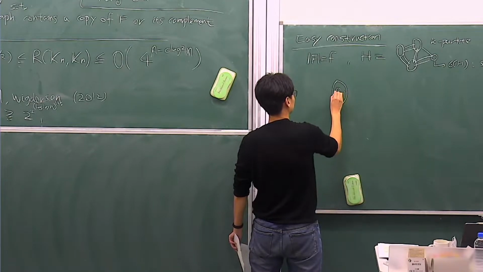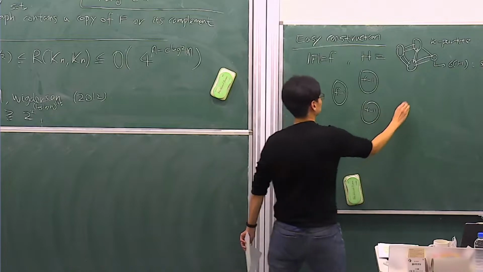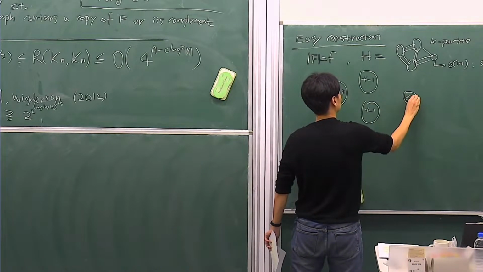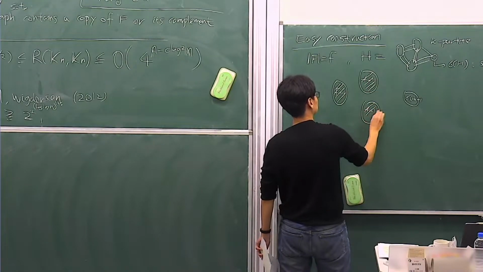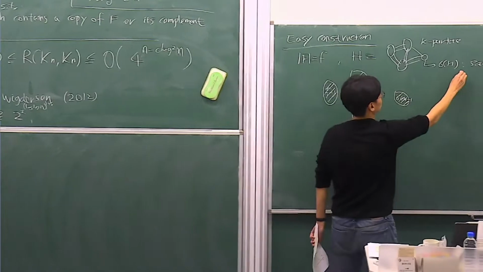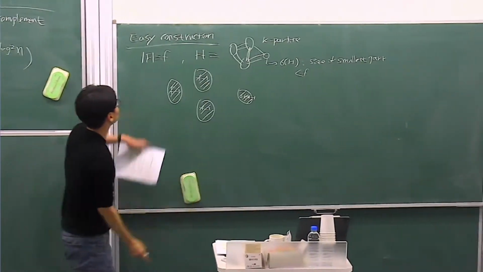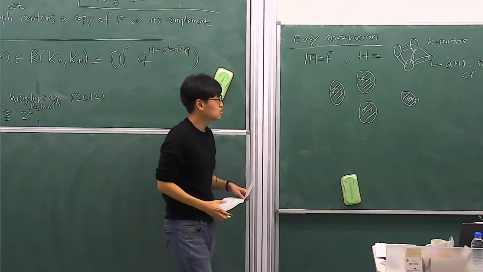You take F minus 1 vertices, F minus 1 vertices, F minus 1 vertices, and sigma of H minus 1 vertices, and then put a complete graph, assuming this is smaller than F. You choose it so that this one is a bigger graph, bigger than H.